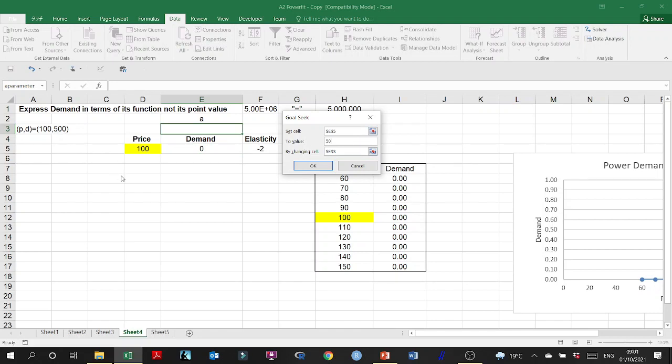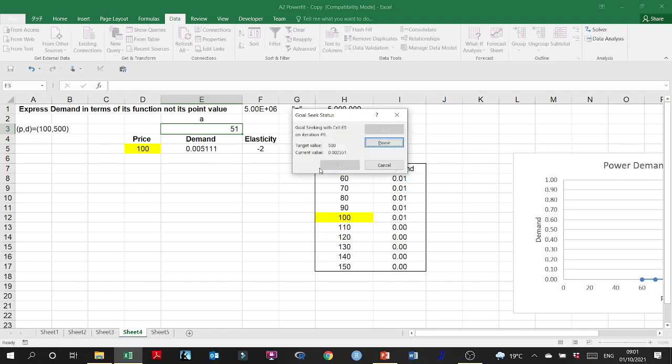We were given in the question that the value was 500, but the cell itself, E5 here, should include an equation, and as you can see, it keeps working.